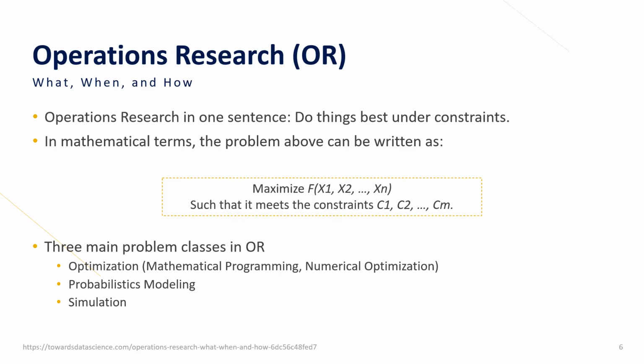Those two techniques will be taught in Advanced Optimization Techniques number 2 in our school in the graduate programs. So up until this point, I hope that gives you a good definition of optimization and OR.